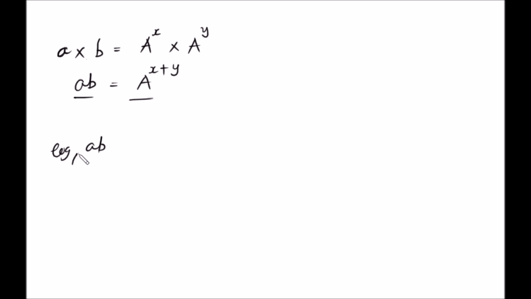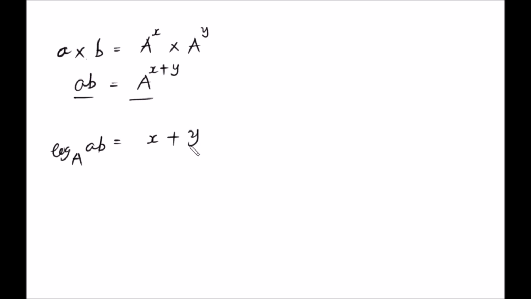Sasa tukichukua a times b, manake ni sasa na A power x times A power y. So hii ni sasa na useme tu ab ni sasa na A. So laws of indices tuseme hapa juu ni x plus y. So hii nikiconvert to logarithm itakuwa log ab base A ni sasa na nini?